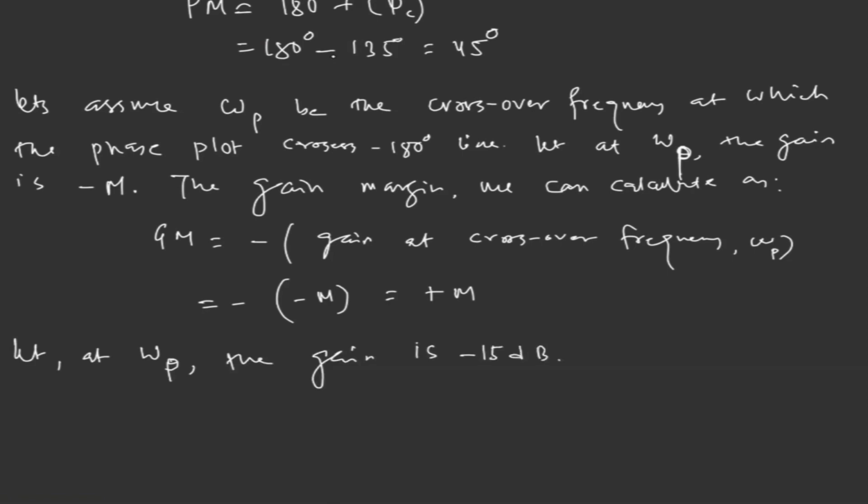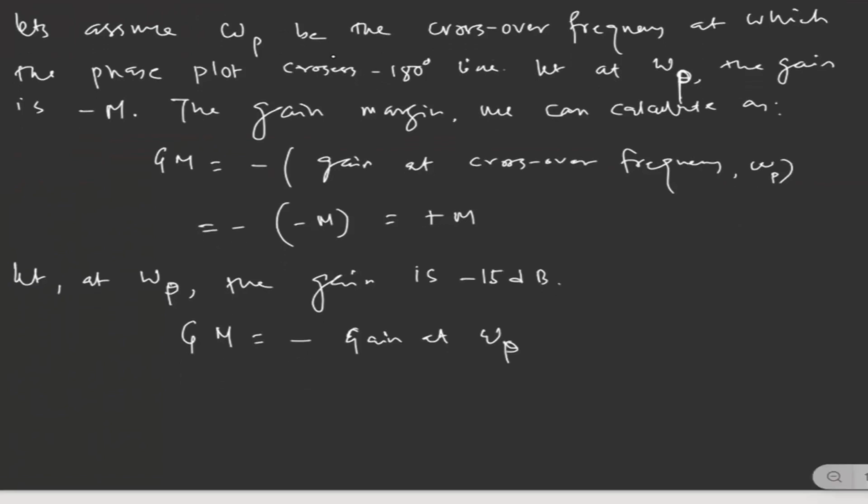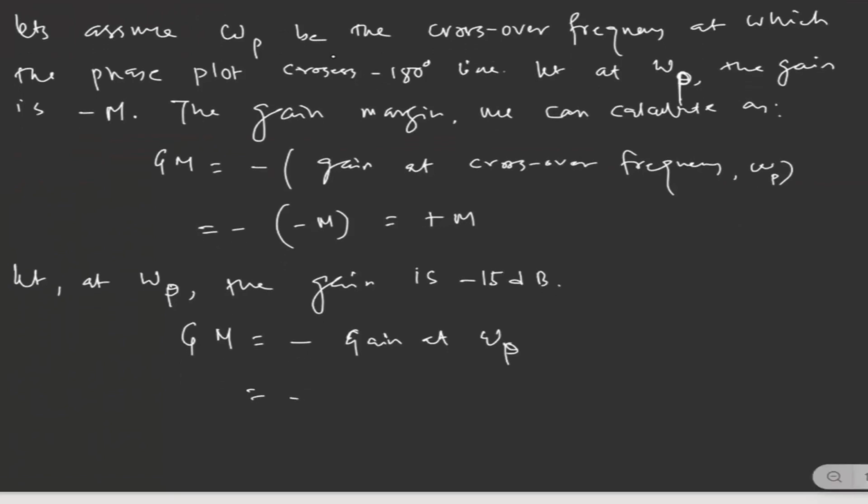Then the gain margin is minus the gain at omega p, which is minus of minus 15, so 15 decibel. This is how we can find the gain margin of the system.